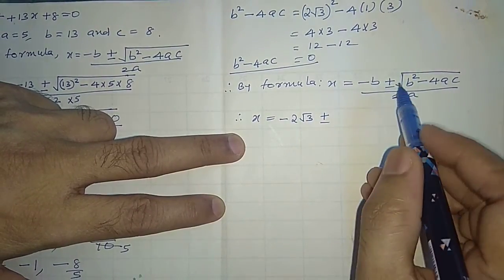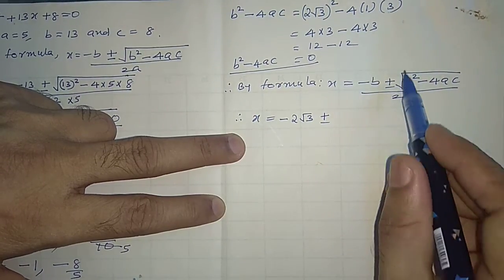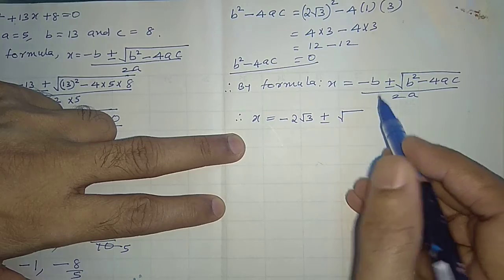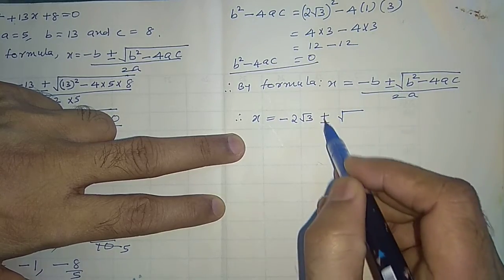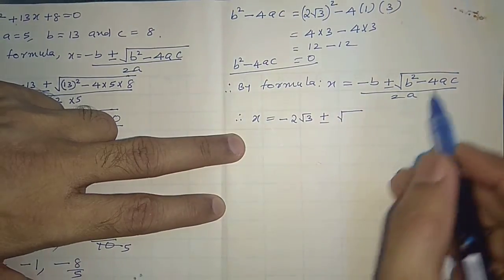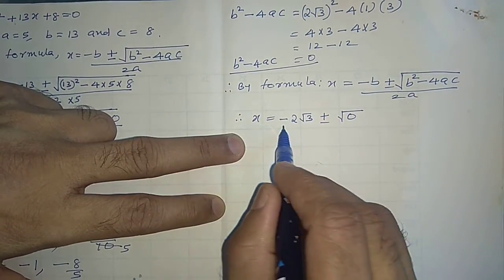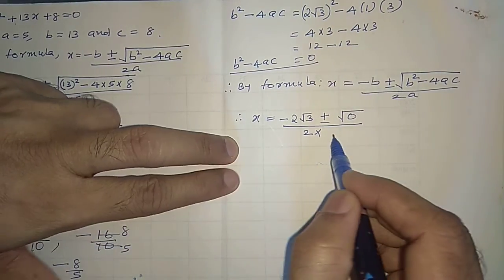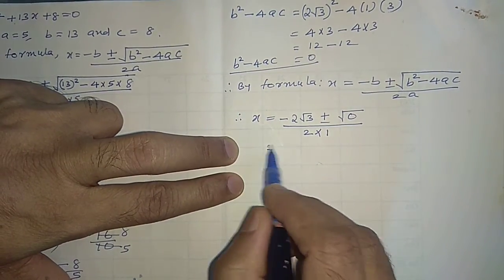Plus or minus root of b square minus 4ac. The root of this part is how much? 0. So this is 0, upon 2 into a. How much is a? A is 1.